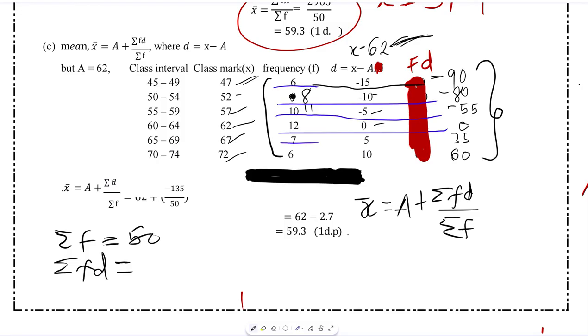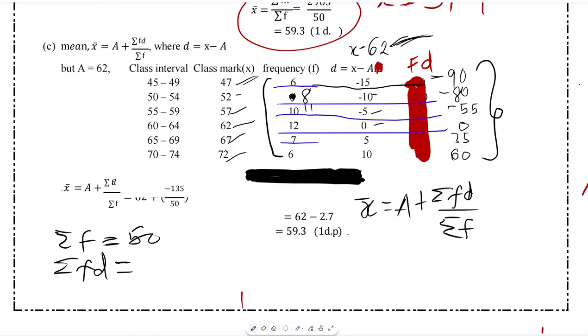Then plus 0 plus 35 plus 60. Let me do that again.